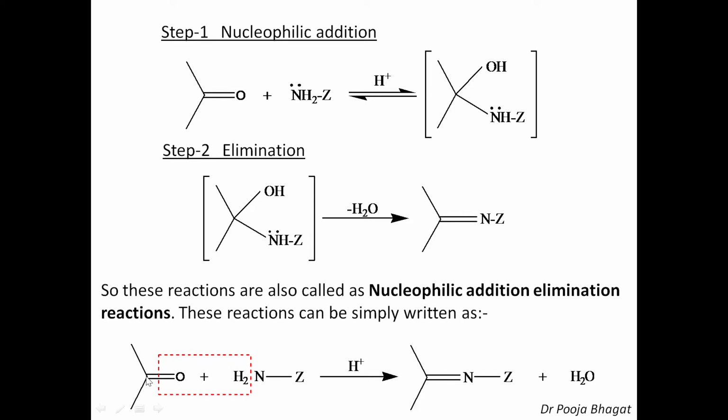And now there is a double bond between this carbon and nitrogen. So it is carbon double bond nitrogen and Z. So this is the product formed. This is the simplified form of these nucleophilic addition elimination reactions, or you can say the simplified form of the reactions of carbonyl compounds with ammonia and its derivatives.